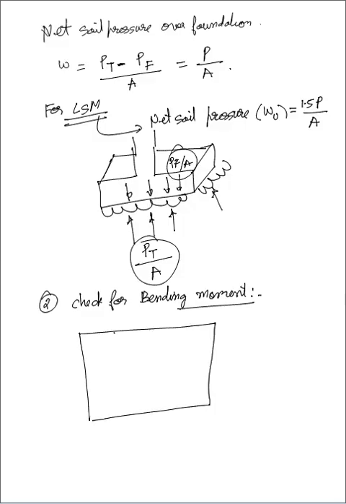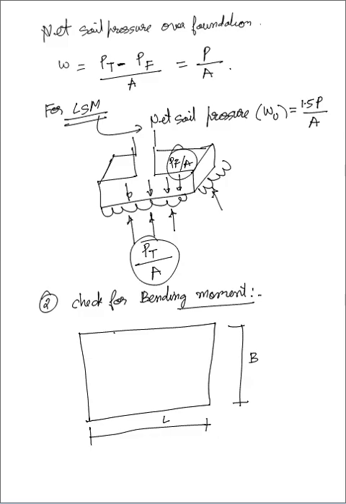See, this is the plan. This is my length L, this is my width B. Now L and B I have fixed, so now I can't change L and B.